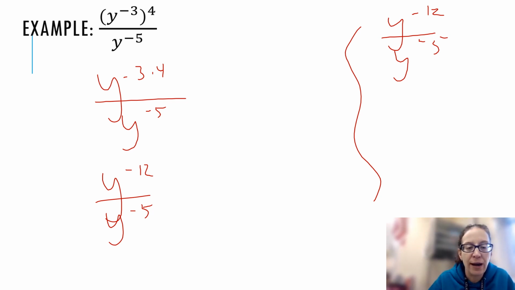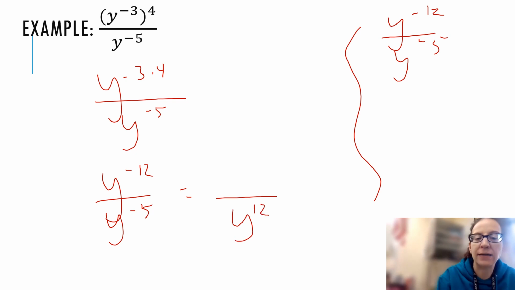If I have a negative exponent in the numerator, I can take that negative exponent in the numerator and I can write it in the denominator as a positive exponent, because that's what a negative exponent means. And if I have a negative exponent in the denominator, I can move that to the numerator and rewrite it as a positive exponent. It's still not done though.